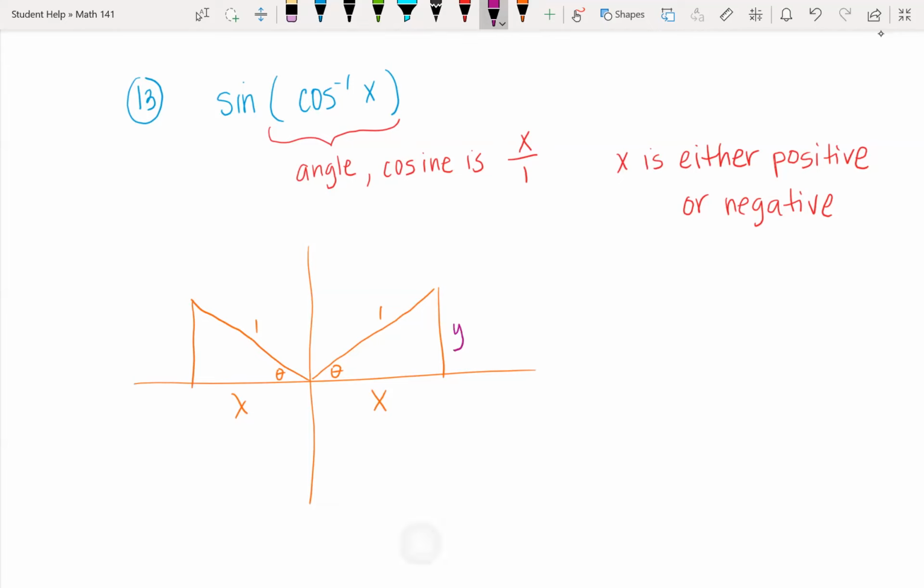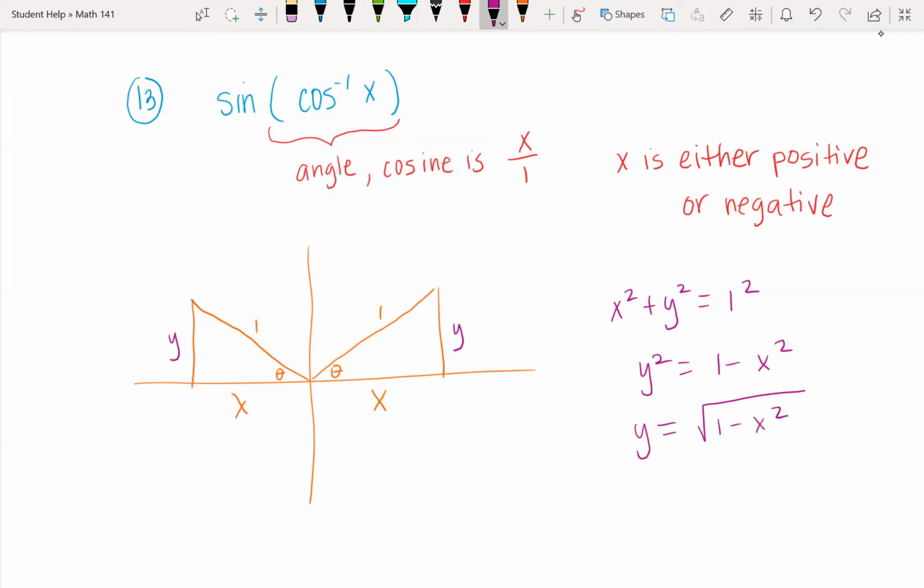Let's call it y. So we have x squared plus y squared equals 1 squared. Y squared is 1 minus x squared, and y is the square root of 1 minus x squared.